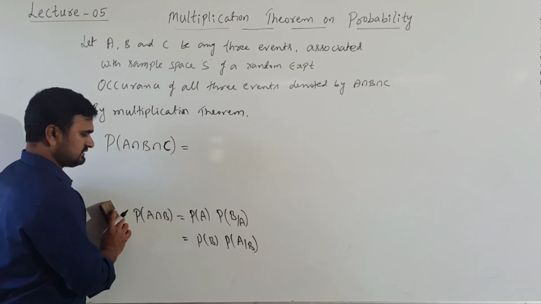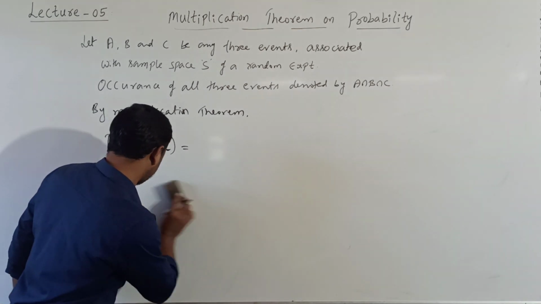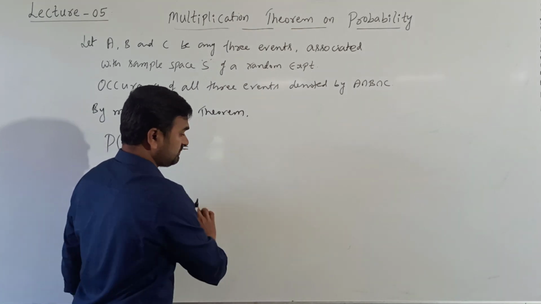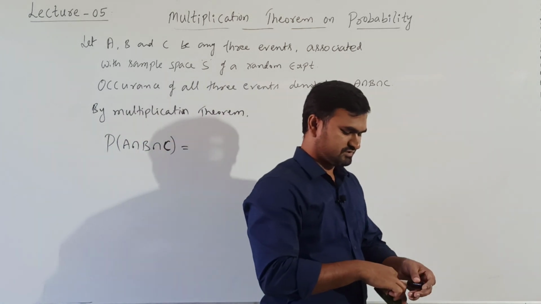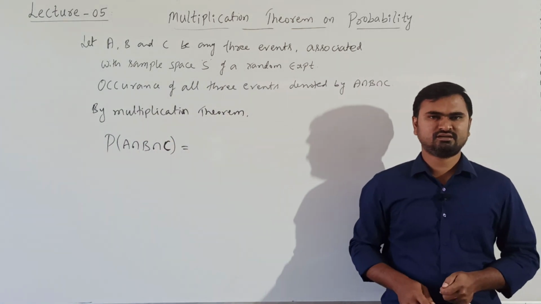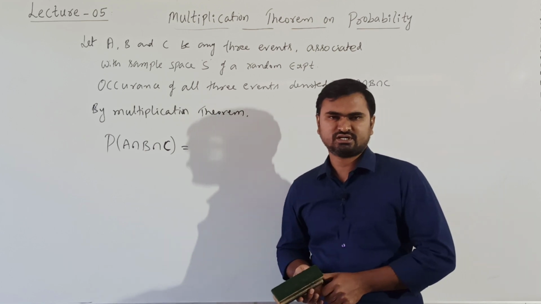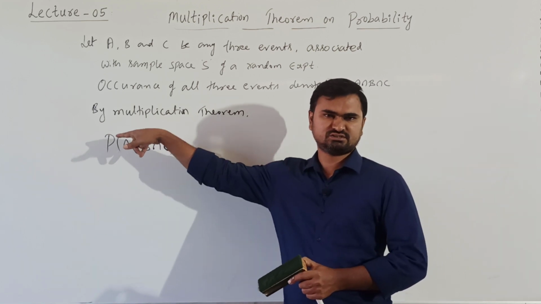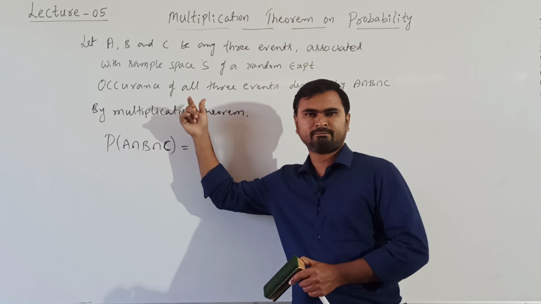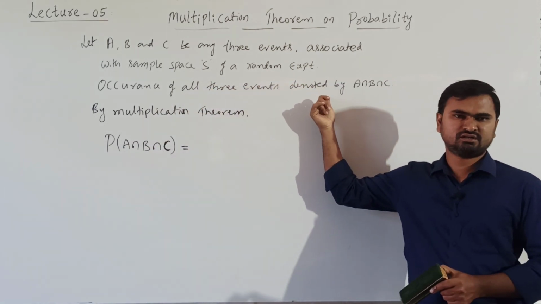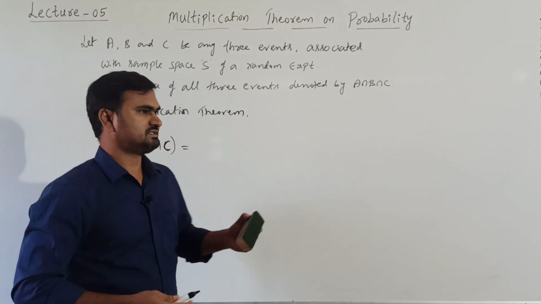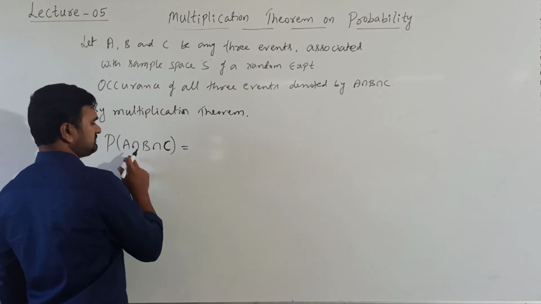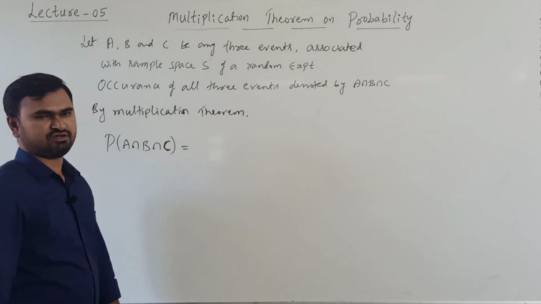Now the same we can apply to three events also. Three events are occurring means first one event should occur, then the second event should occur knowing that the first event has already occurred, and then the third event should occur knowing that the first two have already occurred. So like this we can write. First we find the probability of occurrence of one of the events.